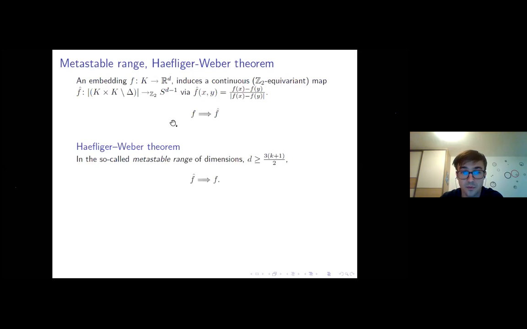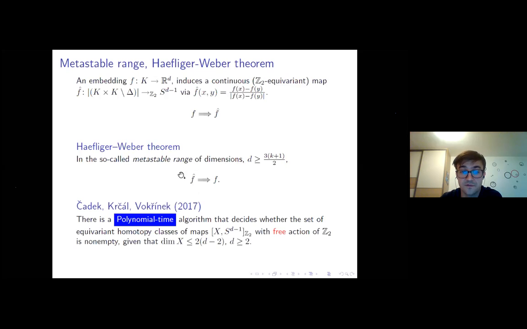But the main result in this area is the Haefliger-Weber theorem. When I'm in the so-called metastable range of dimensions, when d is greater than roughly 1.5 times k, and I have this equivariant map, there is an embedding. So we turn the question about the existence of an embedding into the existence of an equivariant map.